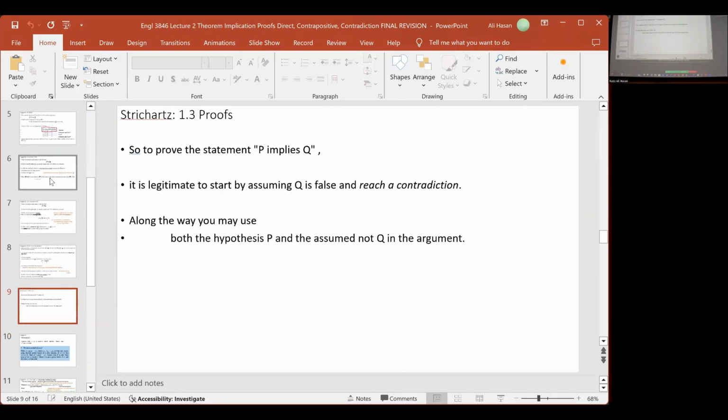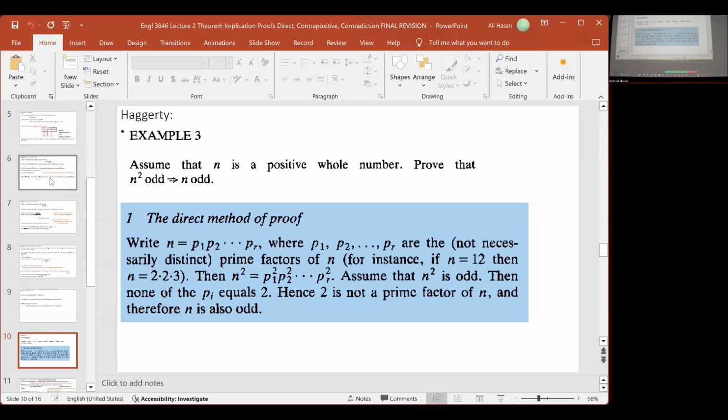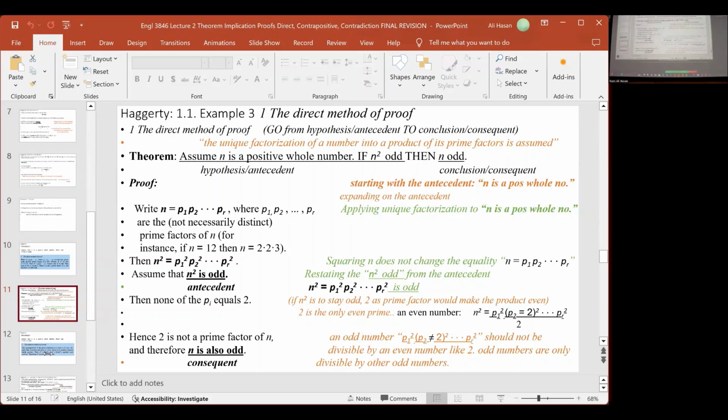And here what I did is I copy pasted from the textbook, Haggerty, how it looks in the textbook. So you want to look at this and go, can I comment? Can I figure out what's going on here? And what I do is I go through this thing right here, then I do this with all the commentary.